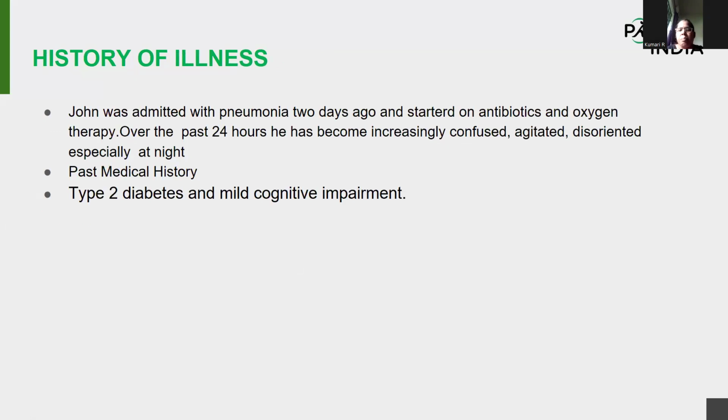Regarding history of illness, John was admitted with pneumonia 2 days ago and started on antibiotics and oxygen therapy. Over the past 24 hours he has become increasingly confused, agitated, and disoriented, especially at night. Past medical history is a known case of diabetes, hypertension, and mild cognitive impairment.